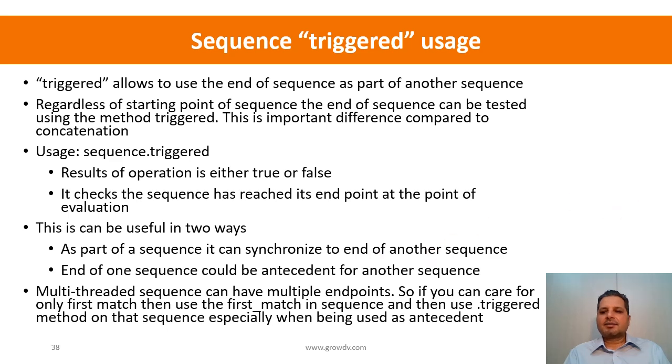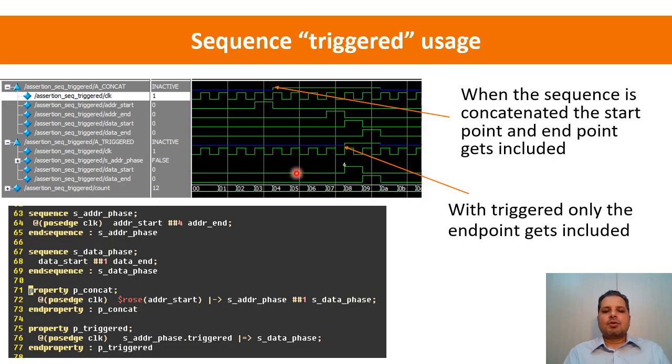Let's take a look at an example. So here we have the waveforms. What we will do is compare the concatenation with the trigger to get a better understanding. We have here an address phase sequence, and if you look at it, we have used an explicit clocking event over here.